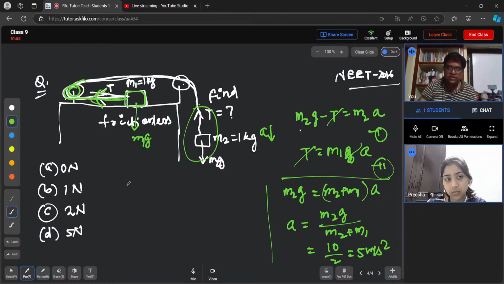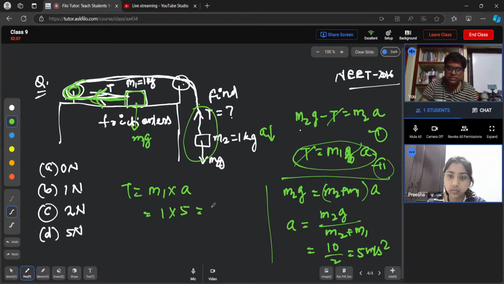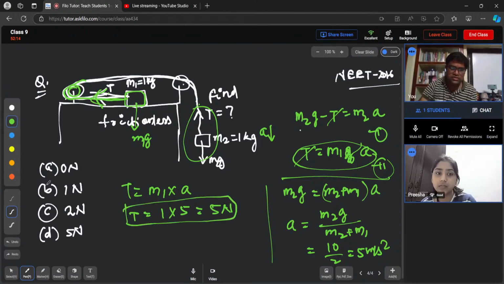Now tension, we already got in equation 2: tension is M1a. M1 is 1 kg and acceleration is 5 meter per second square, so it's 5 Newton. So tension is 5 Newton on the string. Clear?